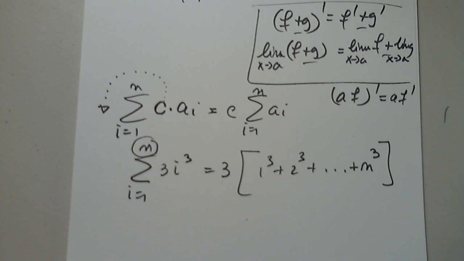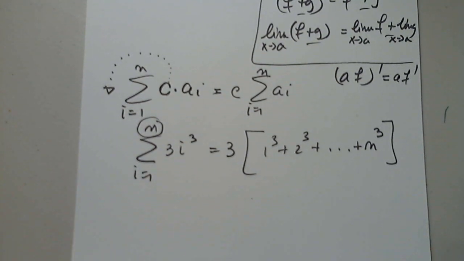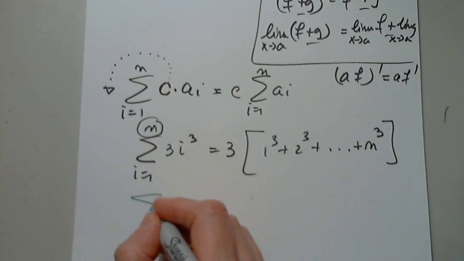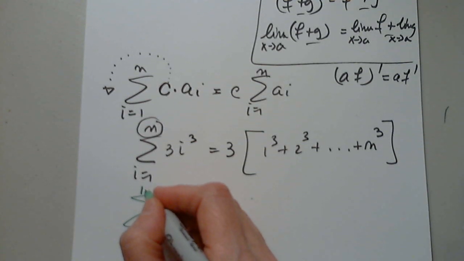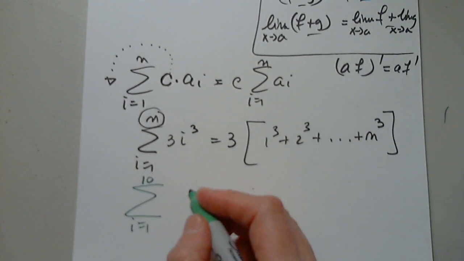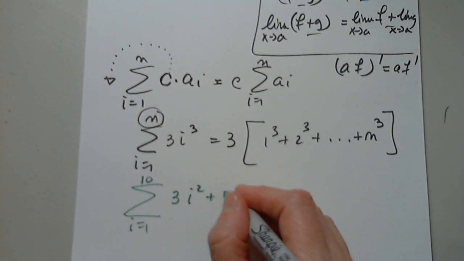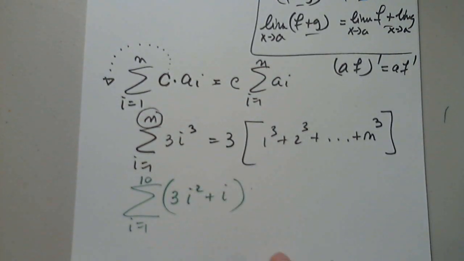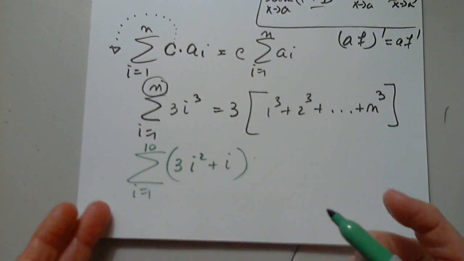And yes, I didn't tell you what we're going to do with this. In a moment, I'll get there. What's the whole thing? What's so important about the summation notation? Okay, I just want us to work on one more. Let's say the sum from I equals 1 through 10 from 3 I squared plus I. What does this mean?